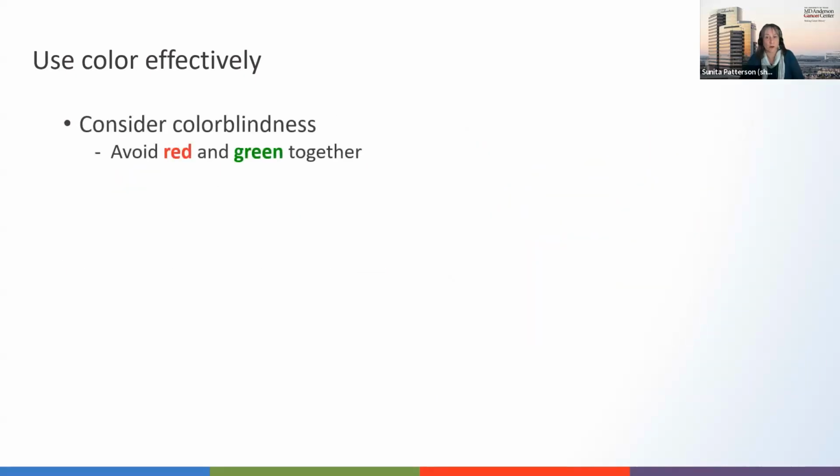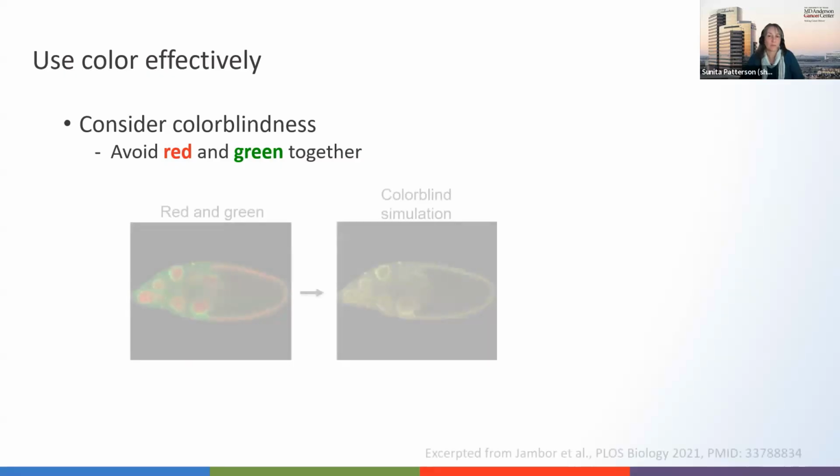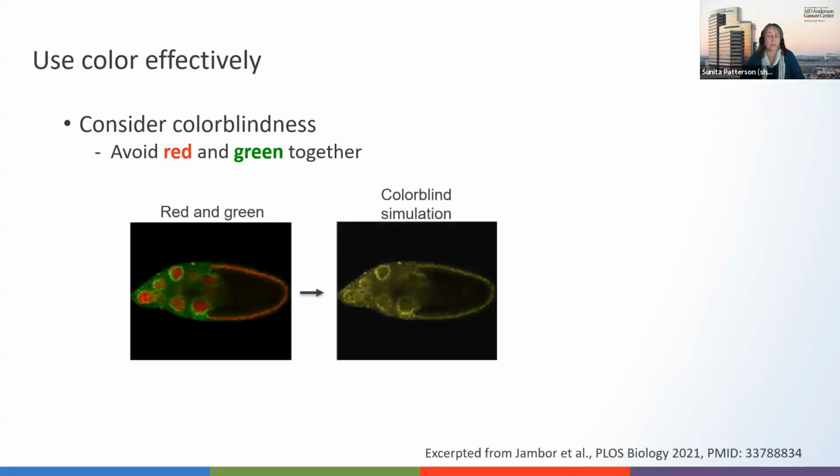Another consideration regarding color is that some color combinations are hard to tell apart for colorblind readers. In particular, it's best to avoid using red and green in the same figure. As an example, if you can see red and green stains in the left image here, the right image shows how they look in a colorblind simulation.